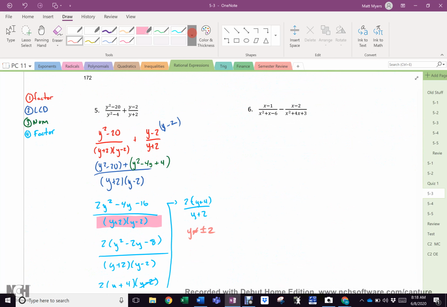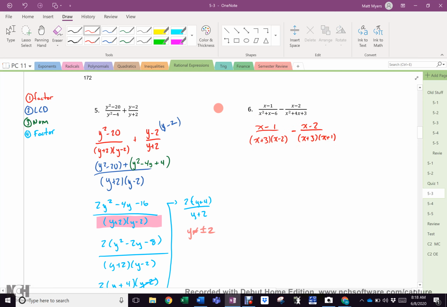So step 1, factor, factor, factor. So that's x minus 1 over x plus 3, x minus 2 minus x minus 2 over x plus 3, x plus 1. Now, what's my common denominator?